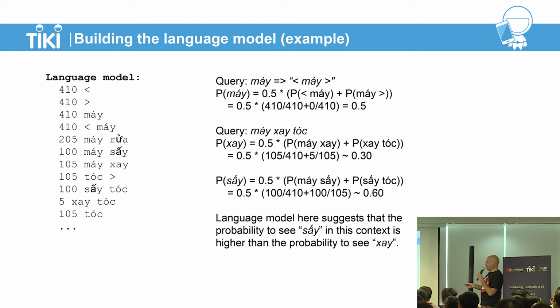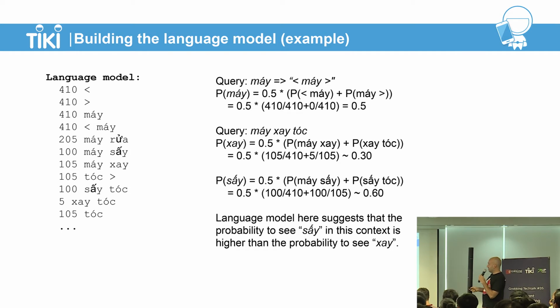So according to our language model, which we just built out of our example data, we can see that the probability to see my in the beginning of sentence is the count of times we saw my in the beginning of sentence divided by the count of times we actually saw the beginning of sentence. And in our language model, it's both 410 times.